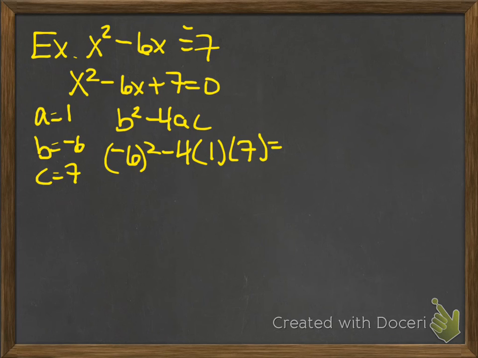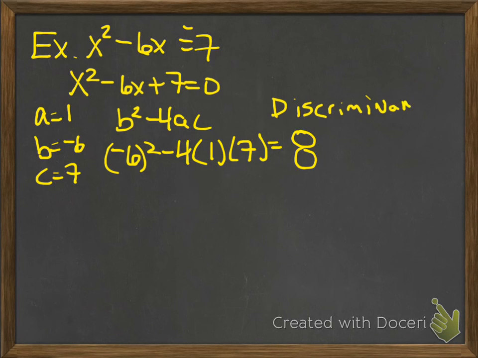You get 8. That's your discriminant. When I ask for a discriminant, it's that answer, 8.